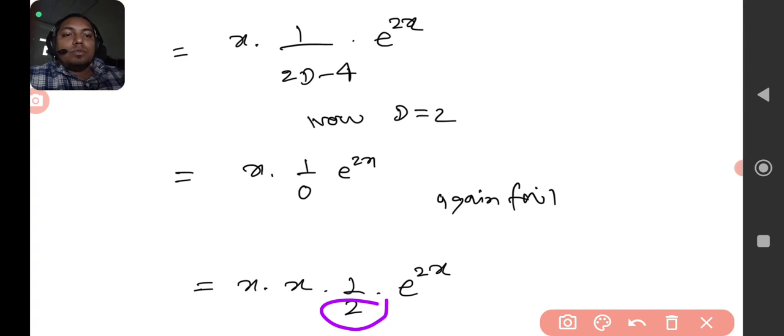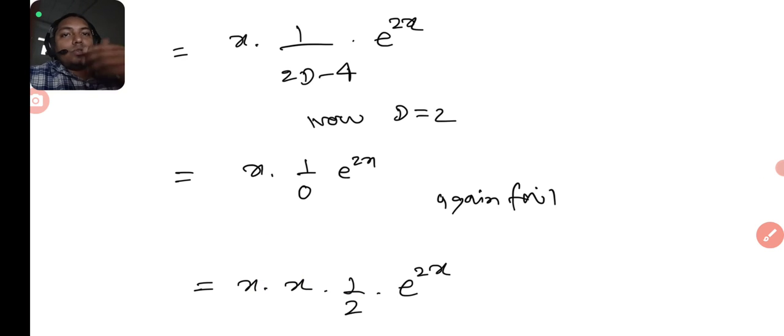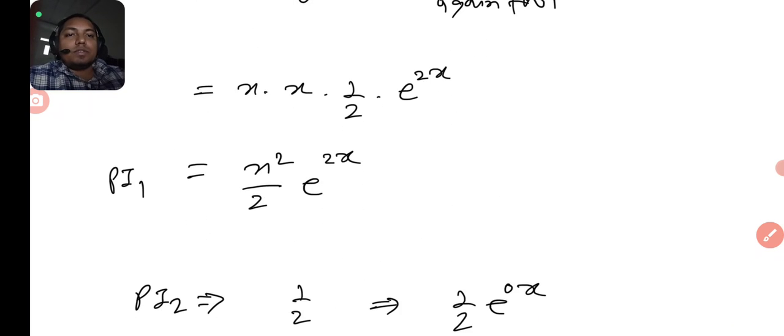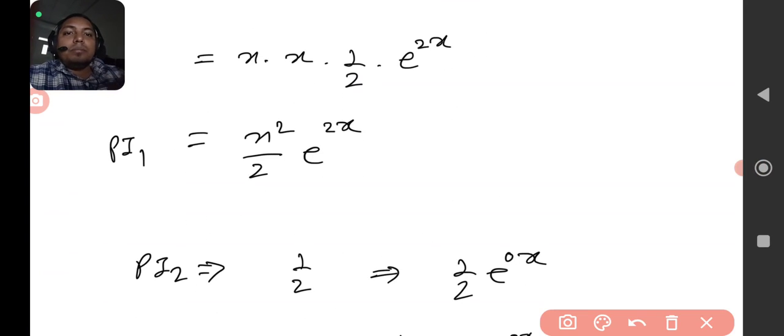This x is coming because the first time we multiplied x, this x is coming because the second time we multiplied x, and below, 2 you already have. This time D is not remaining, so nothing to substitute, right? Only 2 is coming. So we got the answer: x square by 2 times e power 2x. This part is done.